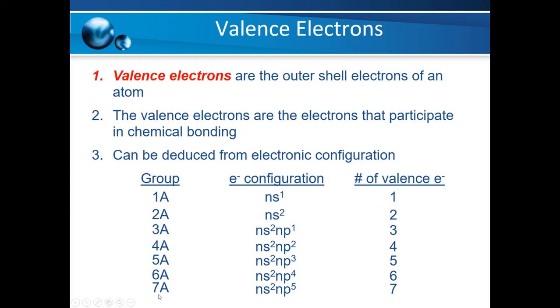Whereas group 7, which refers to the halogen group, has the configuration ns2 np5, and the valence electron is 7, that is 5 and 2.